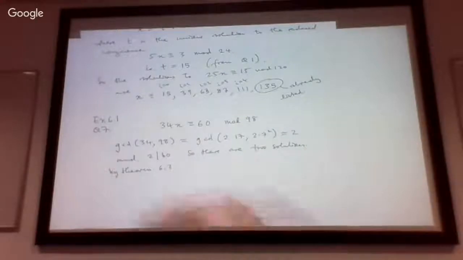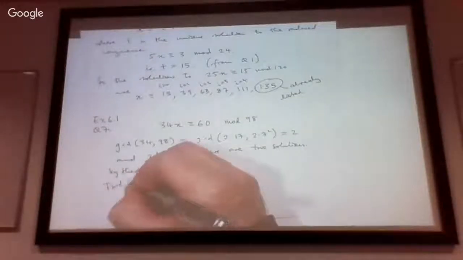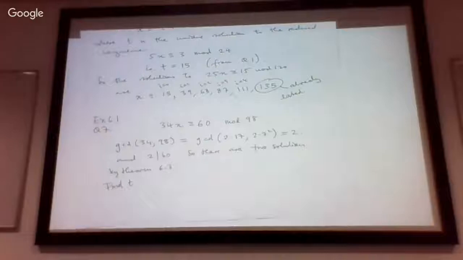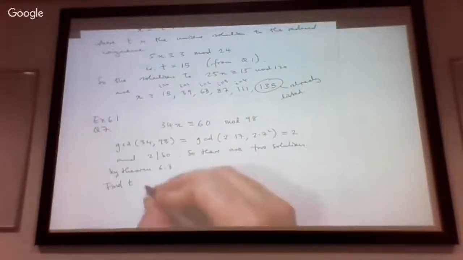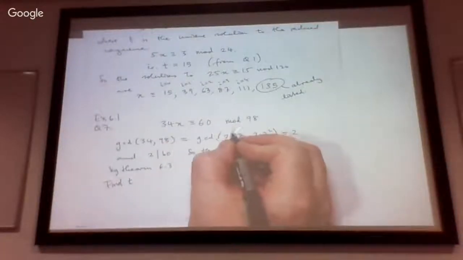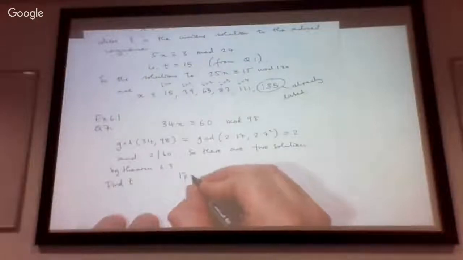To get the solutions, you first have to find the t. So to find the t, you look at the reduced congruence. You reduce everything by 2.